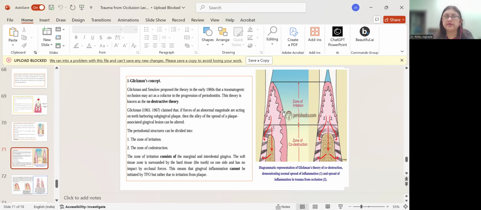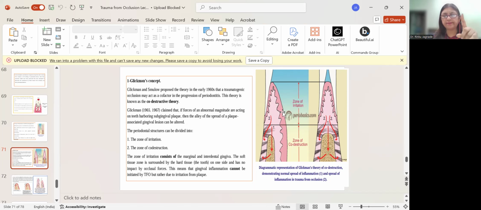So Glickman said the tooth which is harboring the subgingival plaque, if there is gingivitis, or the plaque is contained only till the marginal gingiva, which is known as zone of irritation, which is surrounded by tooth on one side and the surface is soft tissue. Then the trauma from occlusion will have no effect in the spread of inflammation, only the subgingival flora will have its effect.